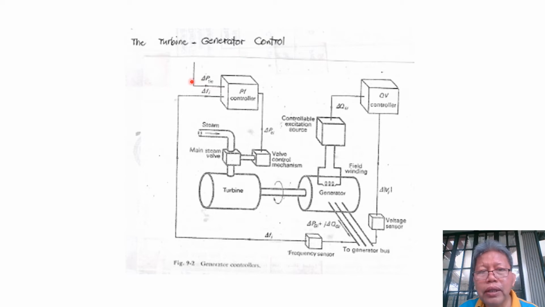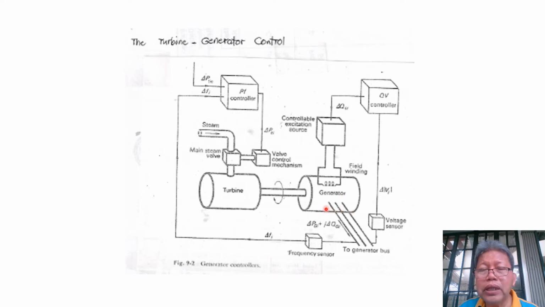For example, because our generator is not operating alone, but it is connected to the system. So this delta P tie here represents the change in power that this generator needs to generate to further contribute to the operation of the system.